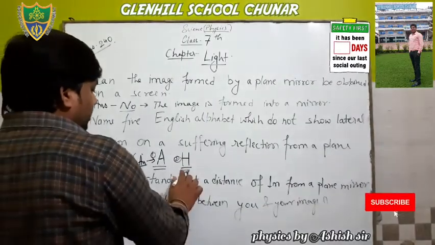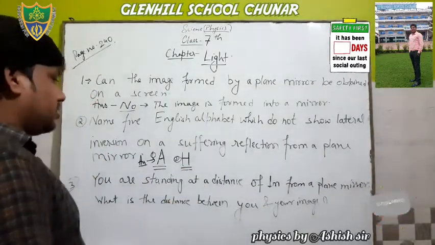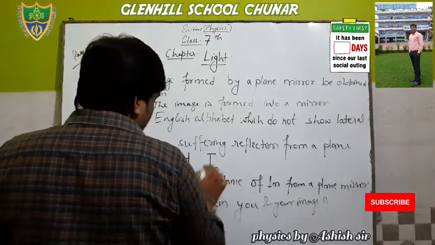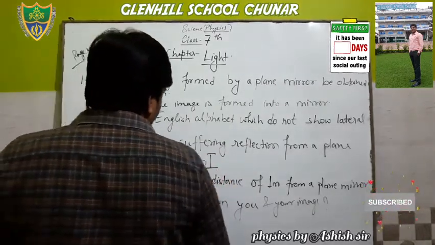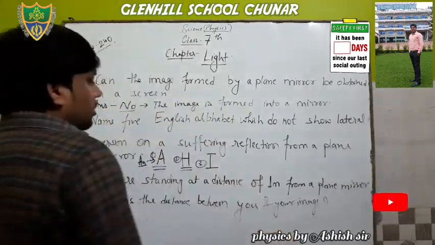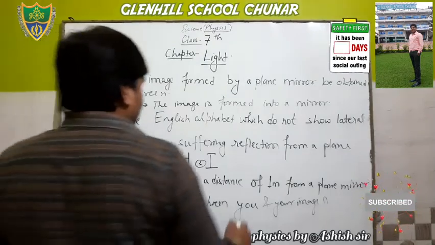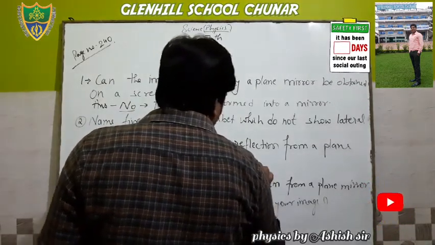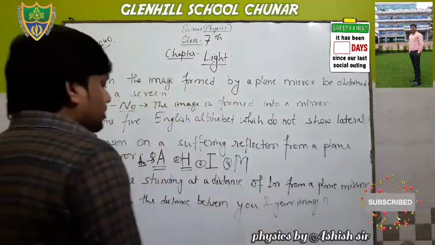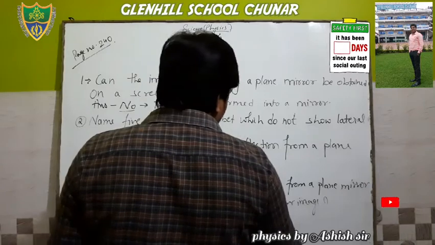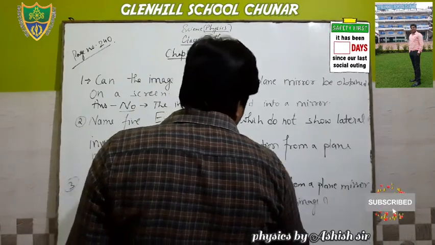Means after H there is no change after lateral inversion. I is also, okay, 3. J is not, K is not, L not, M is also. M is also a letter which is not affected by lateral inversion. N is not. O.